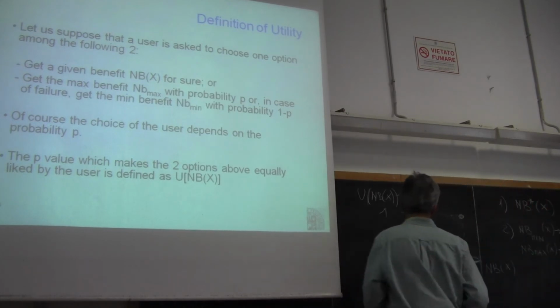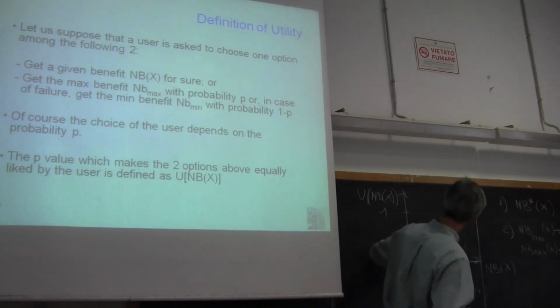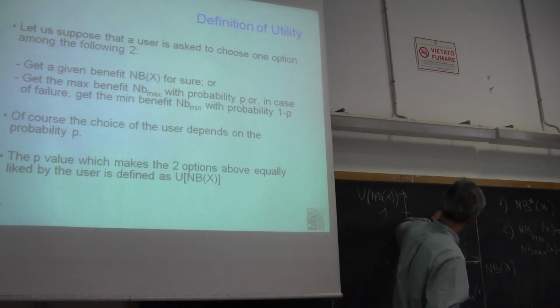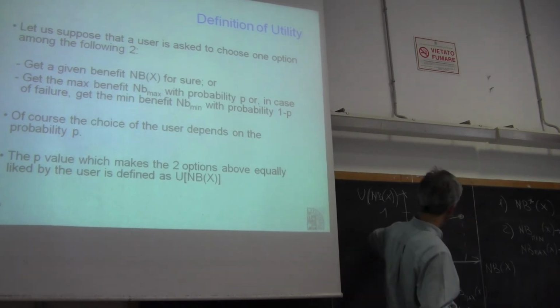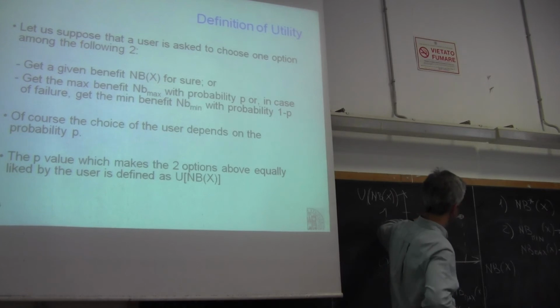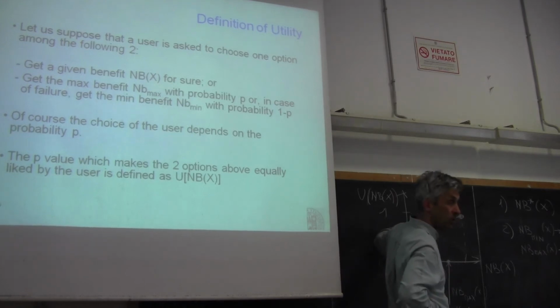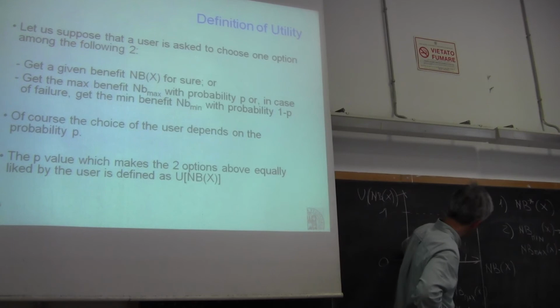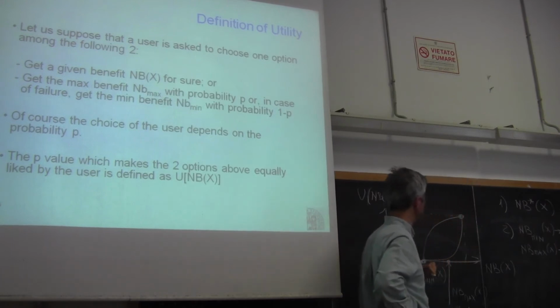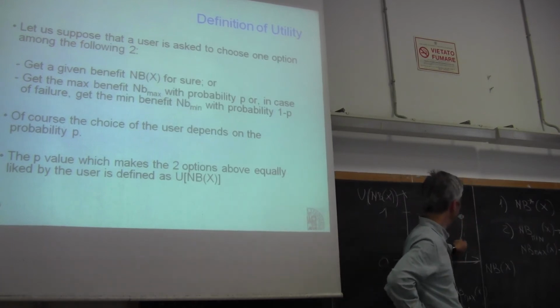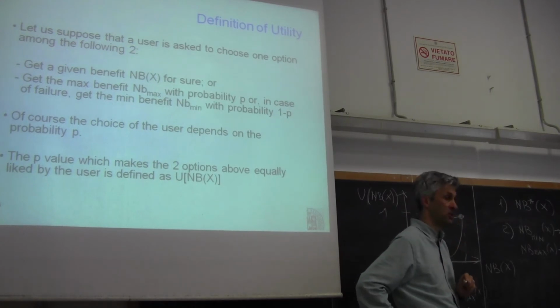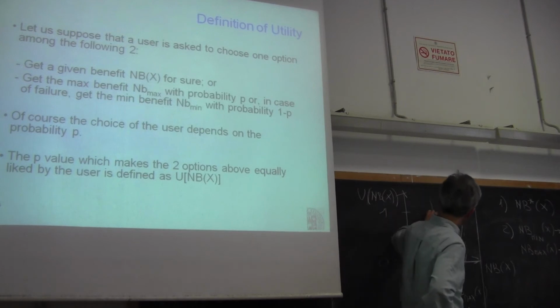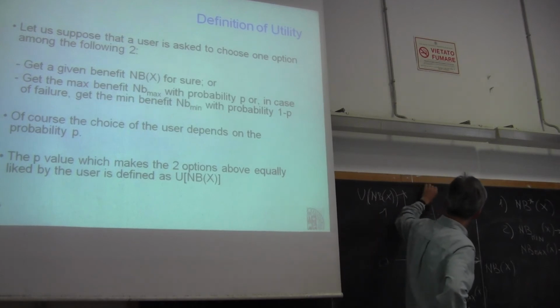So if I look at this situation here, I may draw a utility curve like this, where I give high values of utility to lower benefits. Conversely, I may draw a utility curve like this, where I give high value of utility only to high benefits. So my question would be, is this prudent or not?